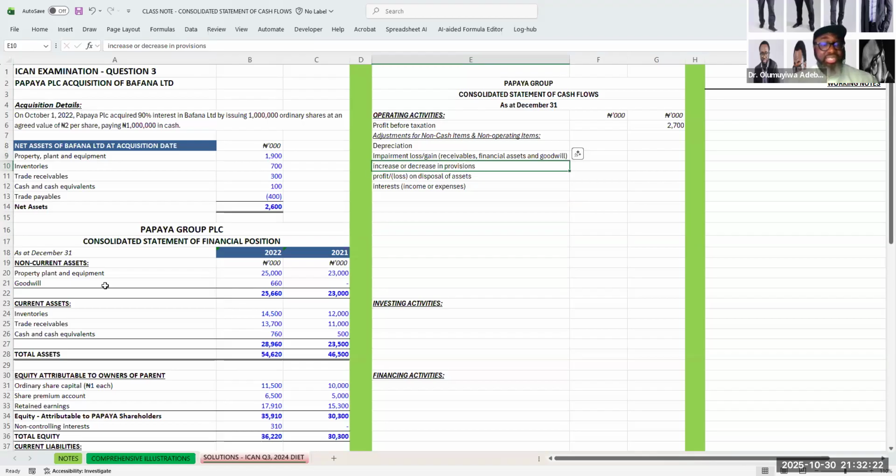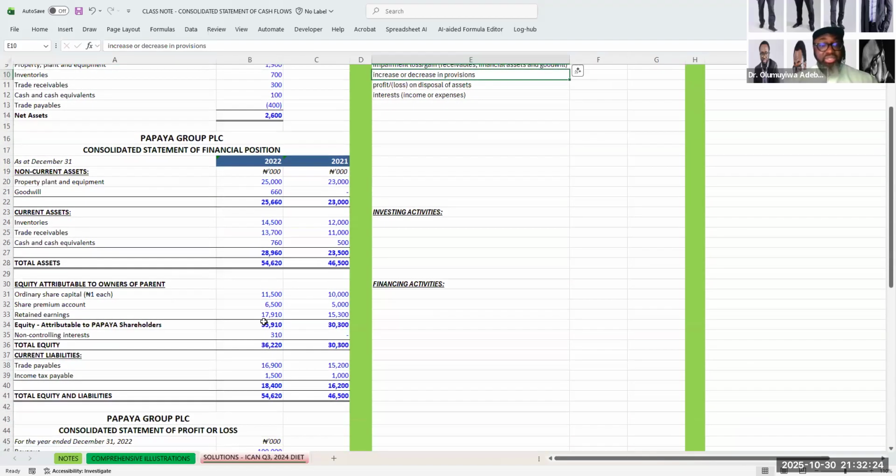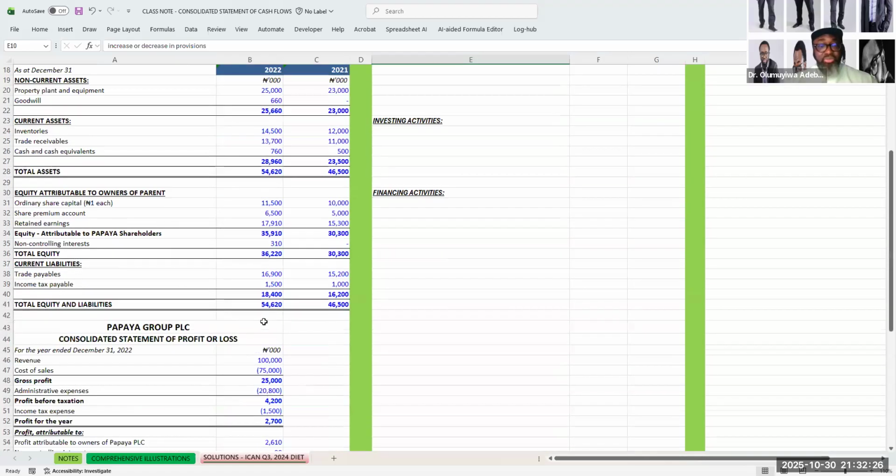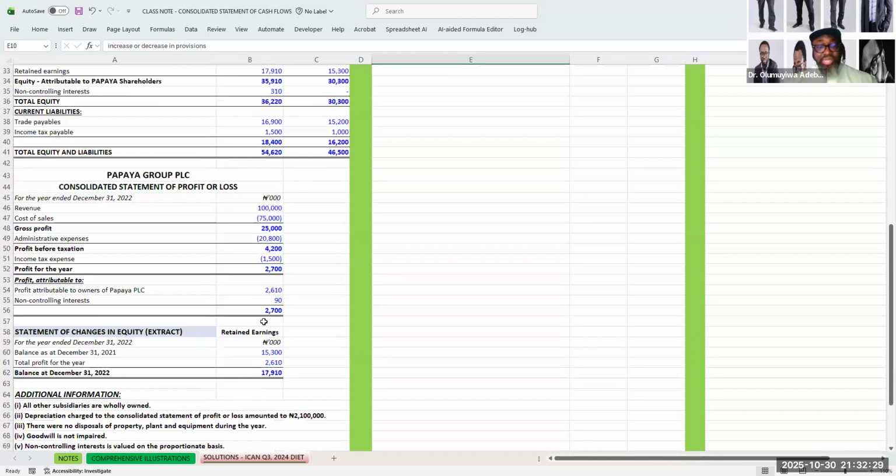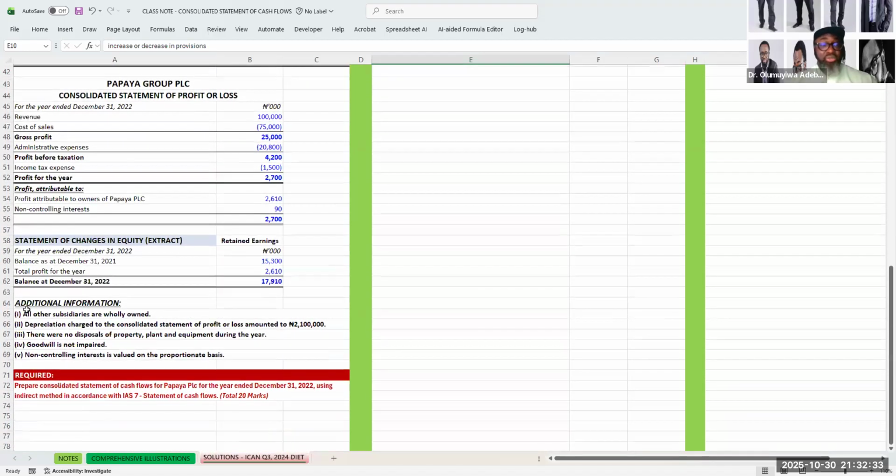And nothing suggests any of this in the information here. By the time we look at our workings, we'll see whether there might be an indirect suggestion also. But when we look at additional information, depreciation is given a la carte, but don't expect it to be given a la carte at every point in time.